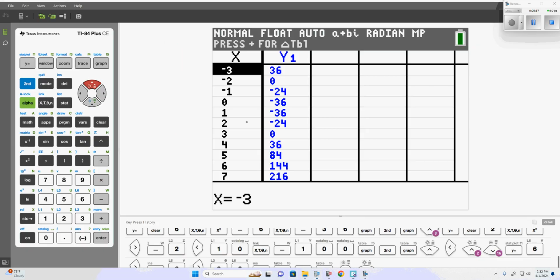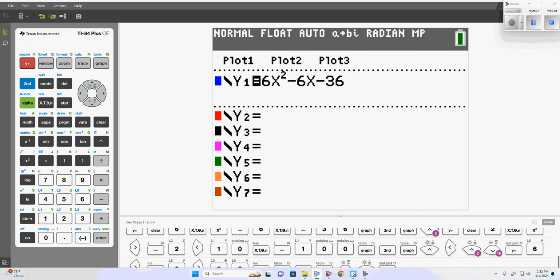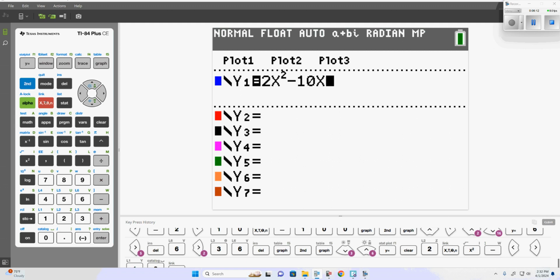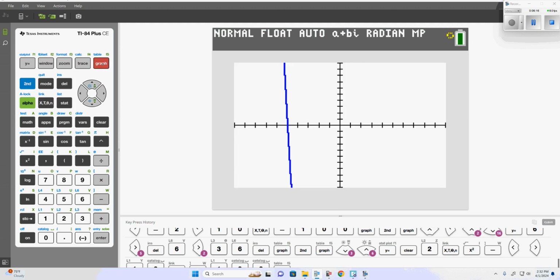Graphing. If we want to graph it, we would take the graphing calculator. First thing we do is hit y equals. We can clear that out and enter 2x squared minus 10x minus 100. Once we get that, we can hit graph.